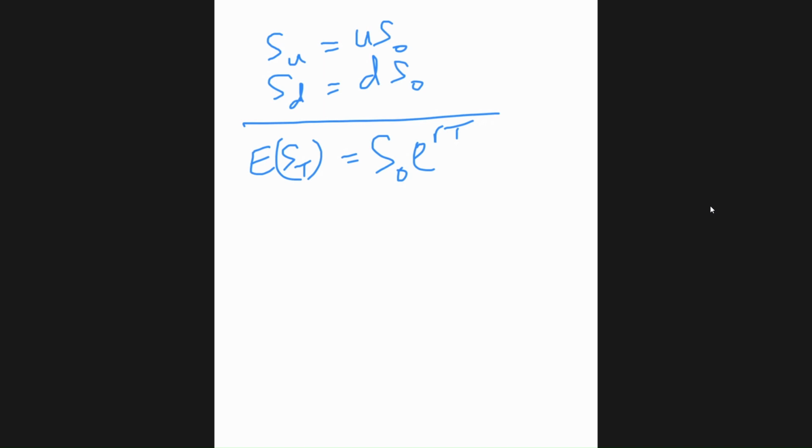And we also said that the expected price we can also say is the probability that the price will go up times the price when it has gone up, which is U S0, plus the probability of the price going down, which is 1 minus the probability the price goes up, times the value of that price, which is D S0.